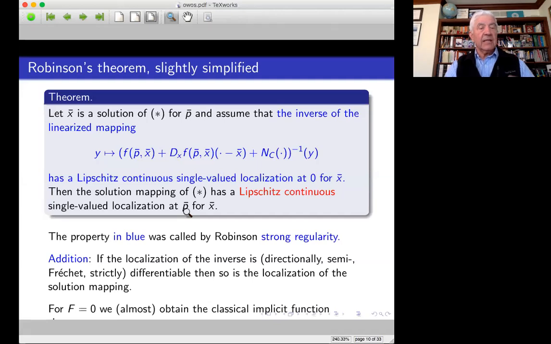So see, this is a very natural generalization of the classical theorem, where the normal cone mapping, when the set C is the entire space, is just 0.